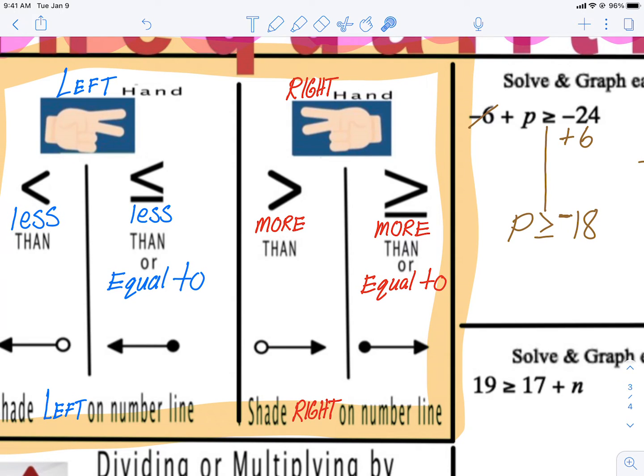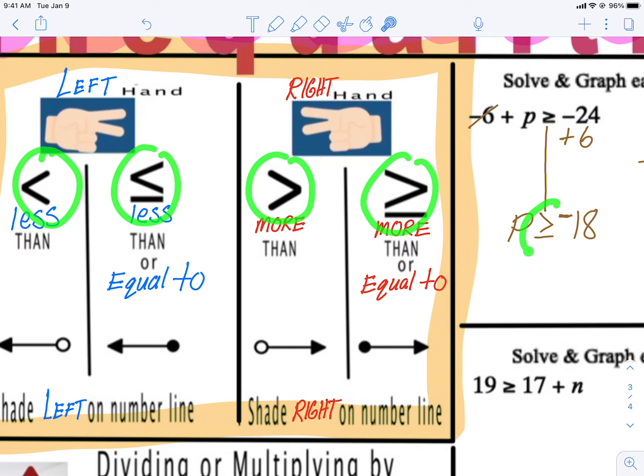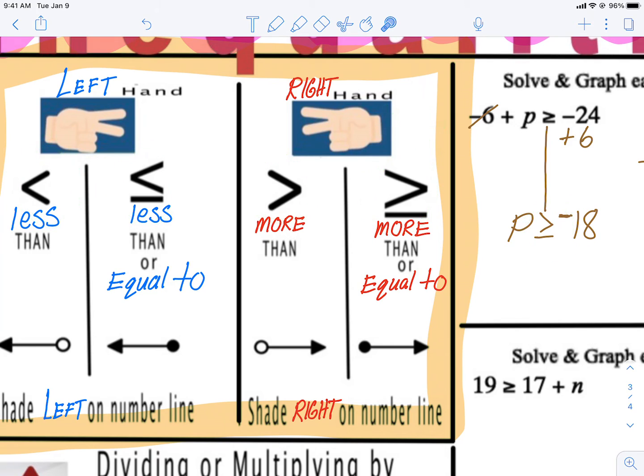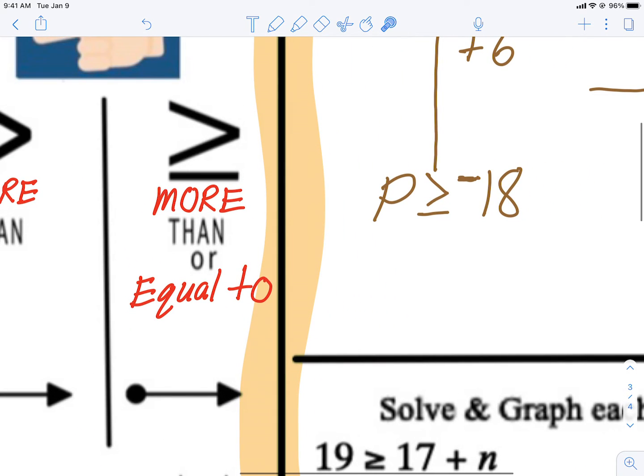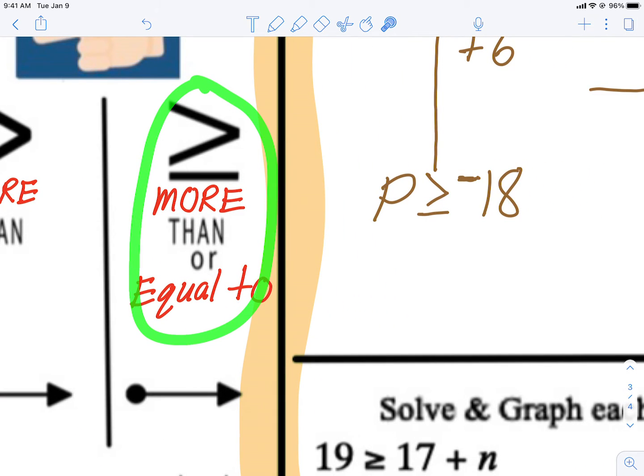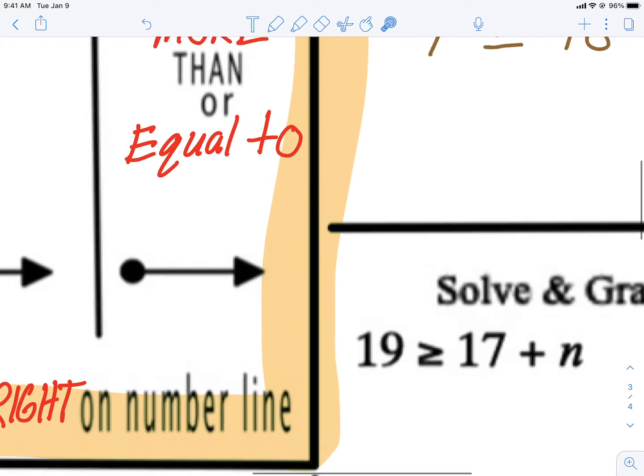So let's see again. Let's compare. Which one of these four, 1, 2, 3, 4, does yours look like? Take a look. Which one? Exactly. This one. So this says more than or equal to. Look what we do.